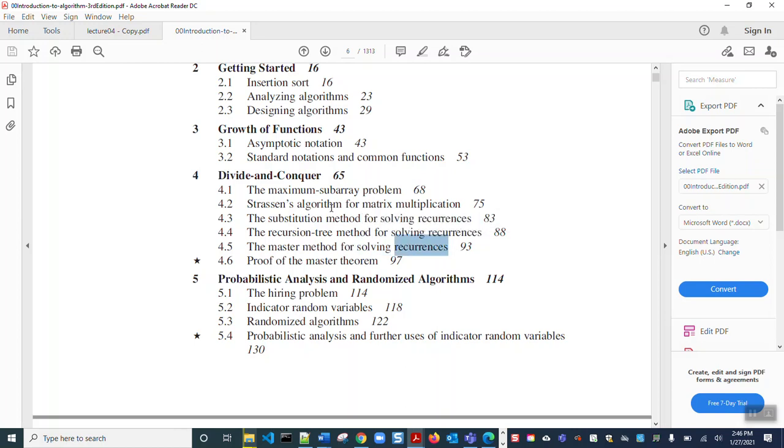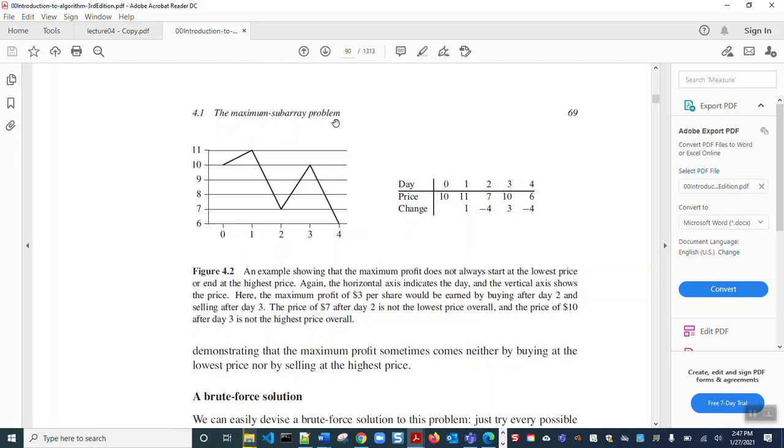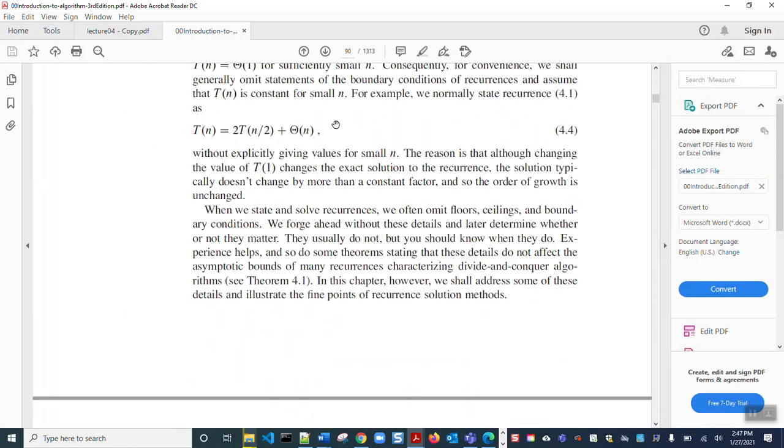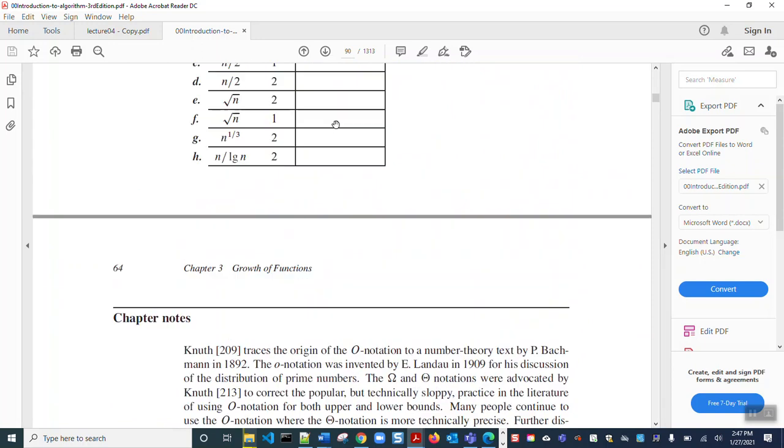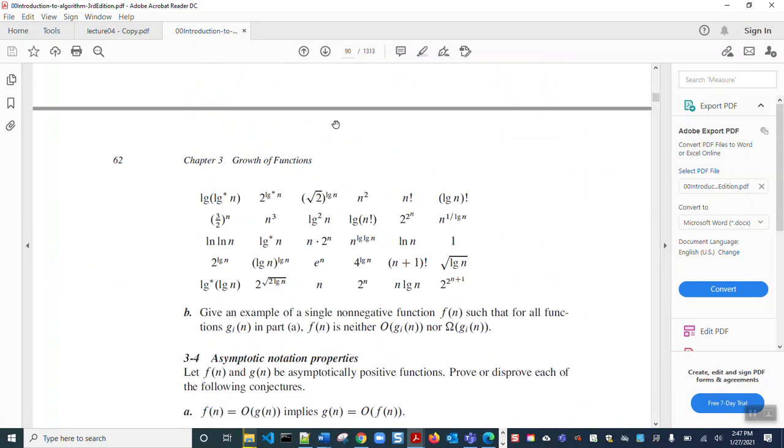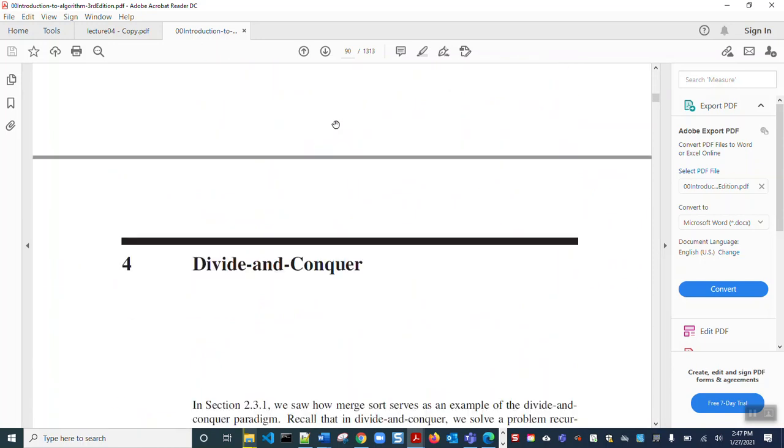I would like you to go to the book chapter, although it says 65, there are some extra pages, so maybe 65 plus, around 90. Chapter 3 and chapter 4.